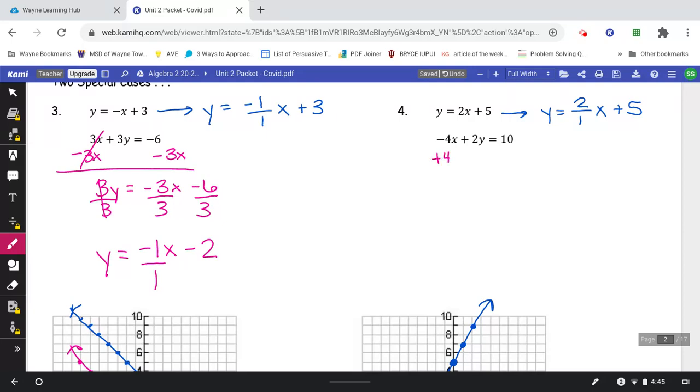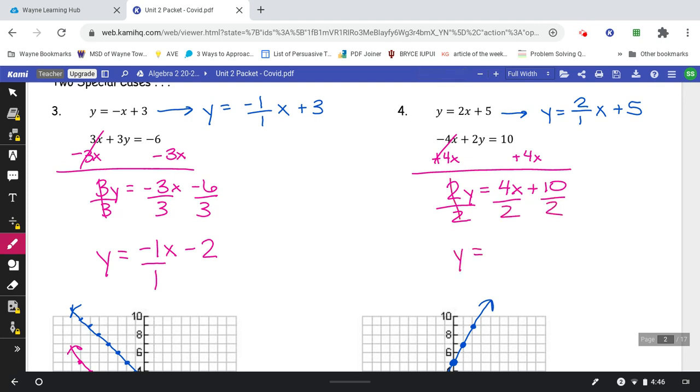I'll do the first step for you. Okay, so when you solve for y, you should have gotten y equals 2x plus 5.